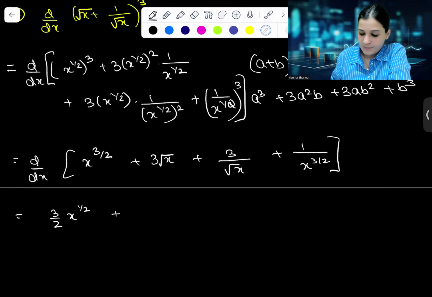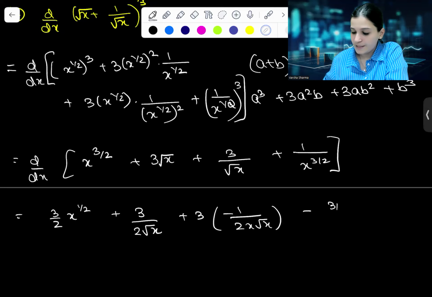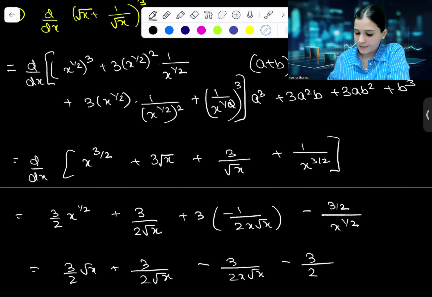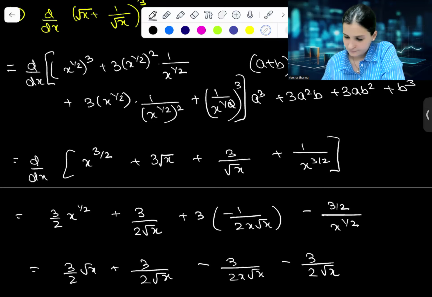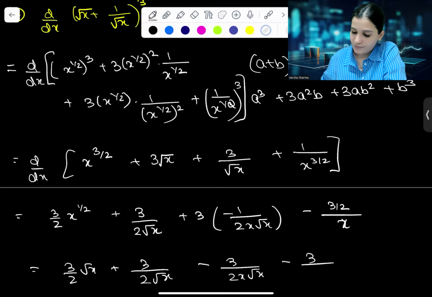So 3 by 2 root x, plus 3 into 1 upon 2 root x, plus 3 into minus 1 upon 2 x root x, plus minus 3 by 2 x power 3 by 2 minus 1. So 3 by 2 root x plus 3 by 2 root x minus 3 by 2 x root x minus 3 by 2 root x. My fault, this was wrong. This was n plus 1, so it will become 5 by 2.